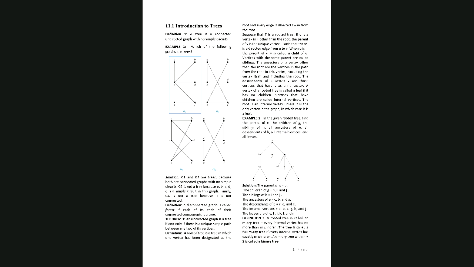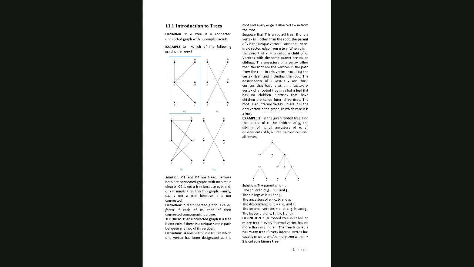Simple circuit, there is no circuit here. Mean from any vertex to another vertex there is a path. So this graph is a tree. Mean it satisfies three conditions. Number one, connected, undirected, and there is no simple circuit. So this graph is called a tree.